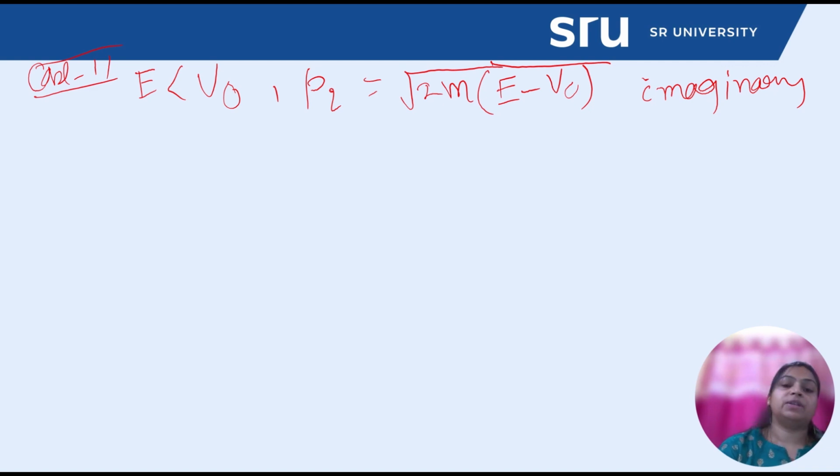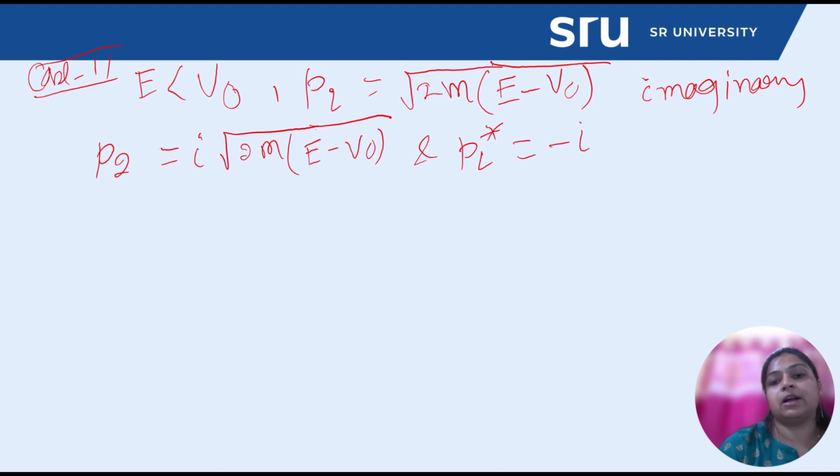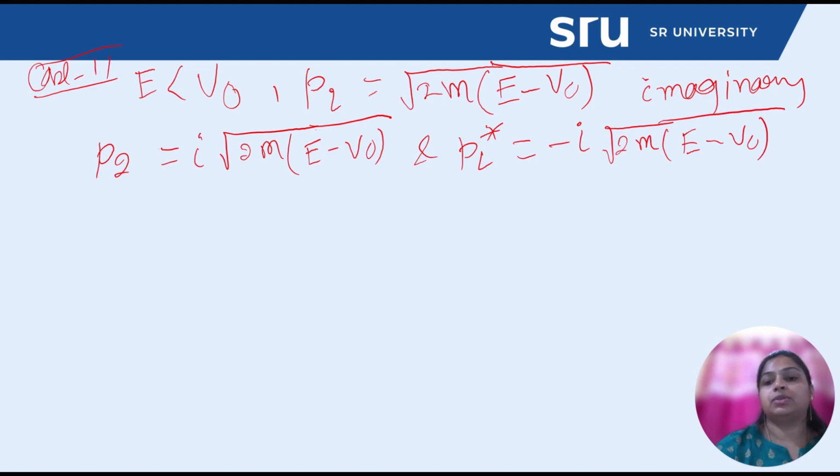So if it is imaginary, then we can write P2 is equal to i root over twice m (V naught minus E), and P2 star will be minus i root over twice m (V naught minus E), or this is equal to minus P2.